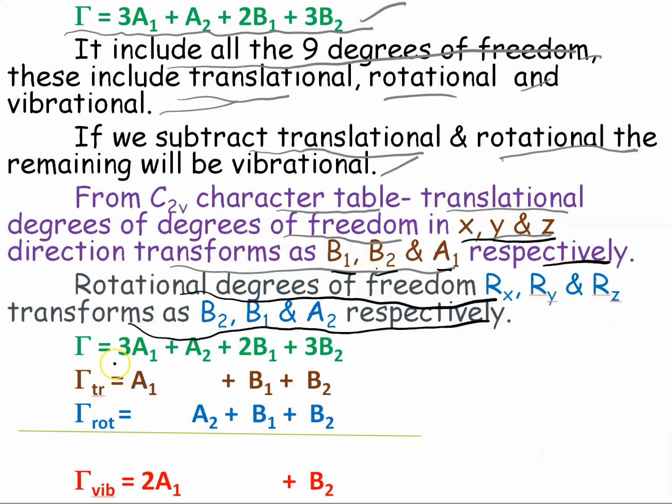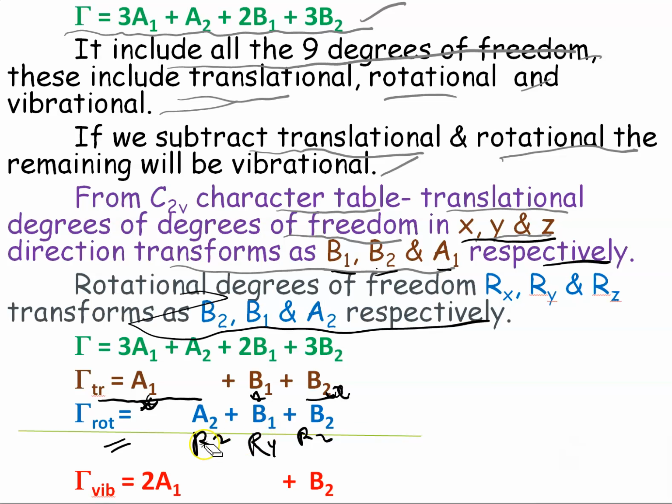So gamma translational is A1, B1, B2. And rotational, this is Rz, rotation in the Z direction, and this is Ry.